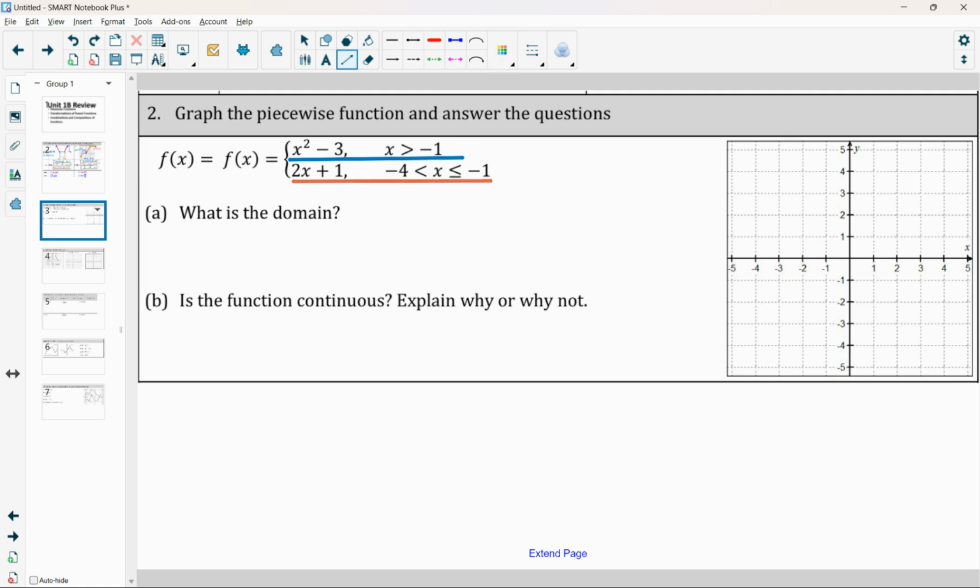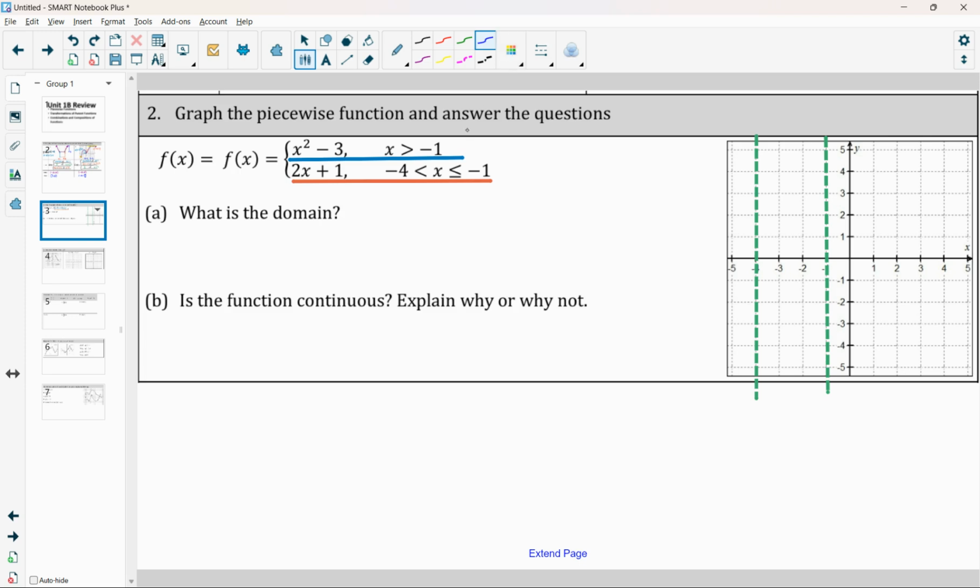We do want to put the boundaries on here to make sure that we are graphing those, and I like to plot those in dotted lines on my graph. So we see that we have a boundary at x equals -1. And then in the second part, we have it at -4 and -1. So this just helps us to section off our graph.